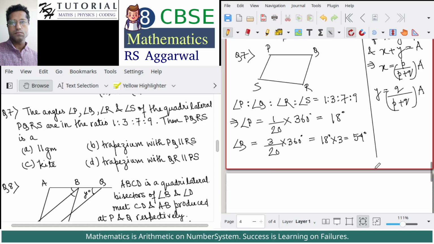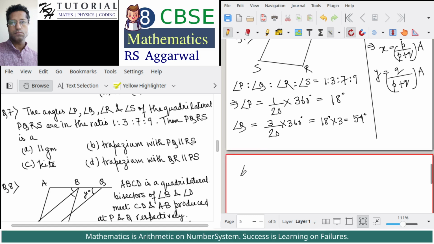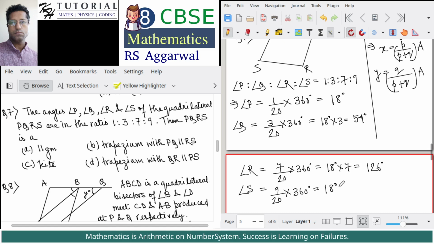Angle R will be 7 by 20 multiplied by 360 degree, which is 18 degree multiplied by 7, that is 126 degree. And angle S will be 9 by 20 multiplied by 360 degree, which is 18 degree multiplied by 9, that is 162 degree.